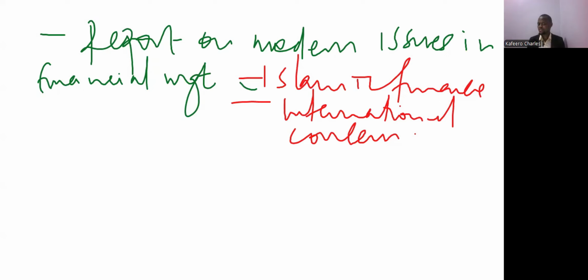Otherwise you can't tackle new things that were introduced in financial management. You can't do investment decision. You can't advise on financing options, on paying dividends, and other aspects. You can't compute and analyze the results.